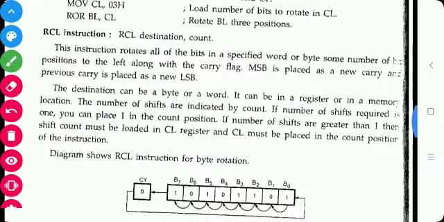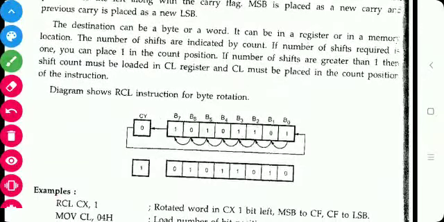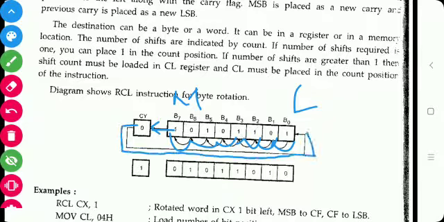Okay, next is RCL instruction. So this is rotate left through carry flag. So what happens here? Here also we are rotating every bit to the left. This is your MSB, this is your LSB. MSB is shifted into the carry flag and the carry flag contents are shifted into the LSB. Okay, so that is why it is called rotate through carry flag, because we are rotating through the carry flag.